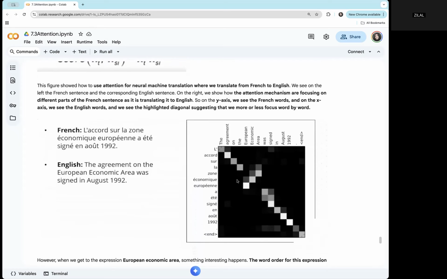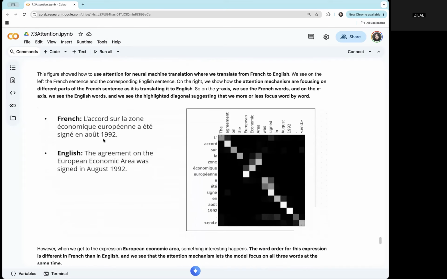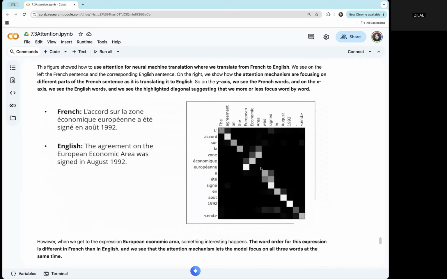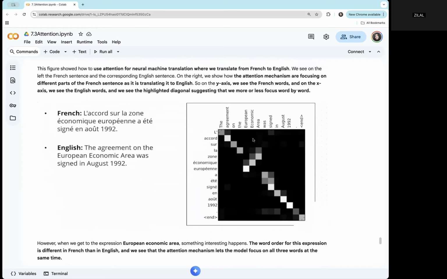This figure shows how to use attention for neural machine translation, where we translate from French to English. We see on the left the French sentence and the corresponding English sentence. On the right, we show how the attention mechanism is focusing on different parts of the French sentence as it is translating to English.